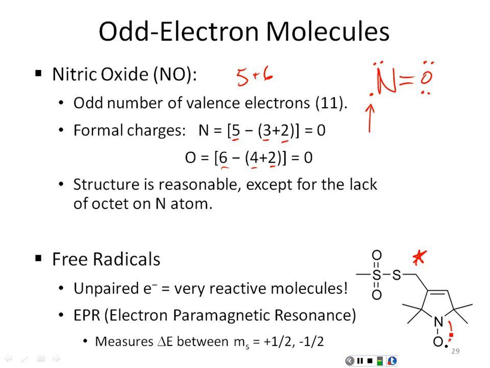The electron can be plus 1/2 or minus 1/2, and just like other forms of spectroscopy, you can change the energy level, in this case the electron spin energy level. You can change it from a plus 1/2 to a minus 1/2 and see the absorbance of energy.